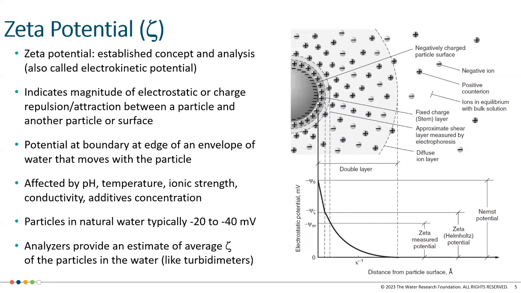So zeta potential is the potential at the edge of the liquid envelope moving with the particle. And you can see that here in this image. And it speaks to how likely charged particles are to move towards each other or other charged surfaces in the presence of an electric field.